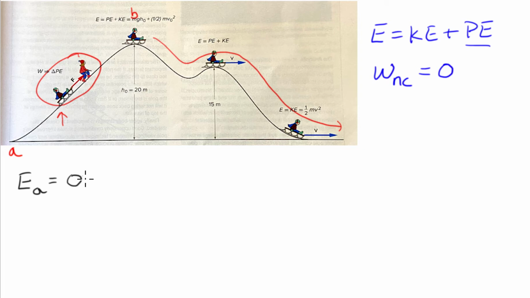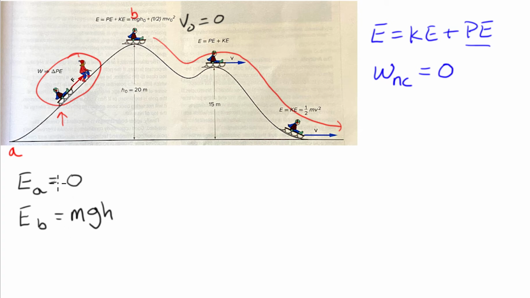No kinetic and no potential. At B, however, although the kid is not moving here at B, we're going to say that v0 up here is equal to 0. He does have a fair amount of potential energy, and the way you calculate potential energy is with mgh.